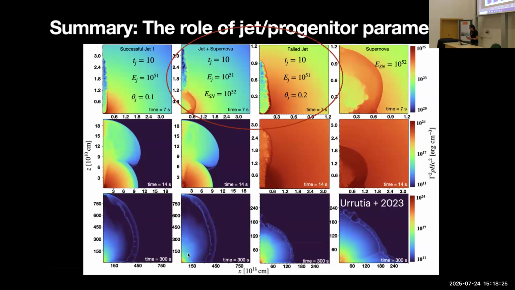For example, if we change the total energy or the jet opening angle, we can produce not successful jets, or not relativistic jets, but also it breaks the star. And also we have been imposing supernovae by hand, again as a thermal bomb by hand.